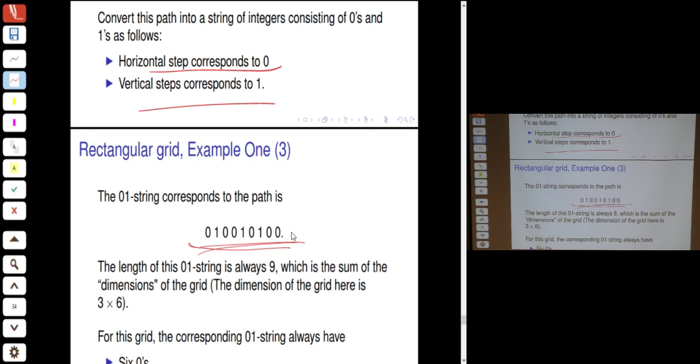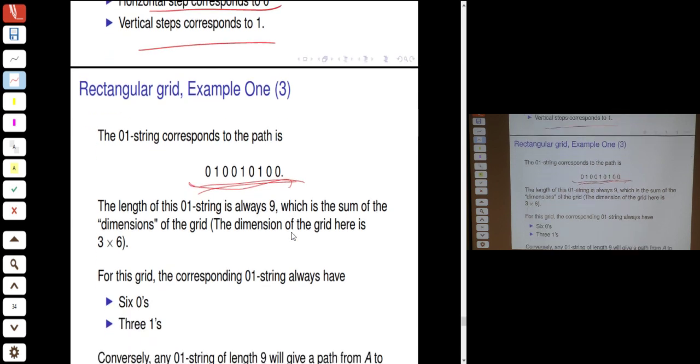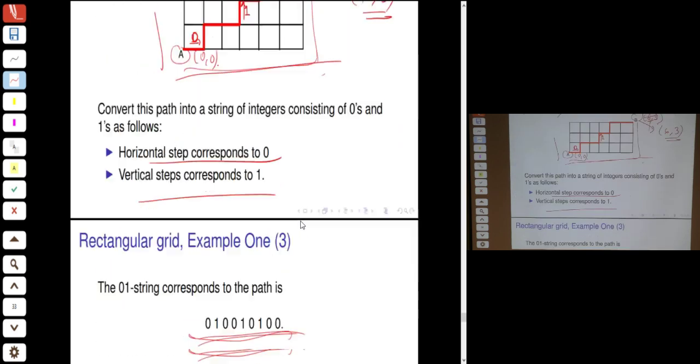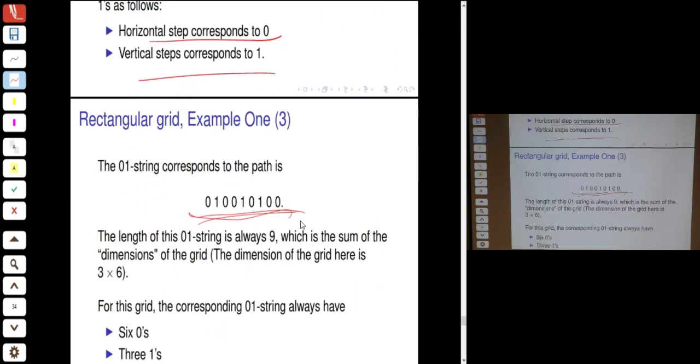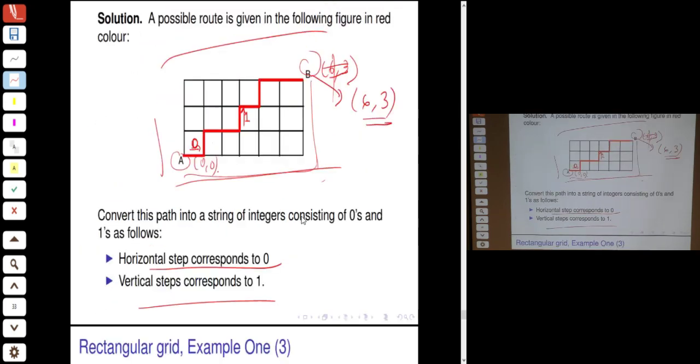So by representing your path as zeros and ones, you are asking the following question. You want to arrange zeros and ones, total 9 of them, so that you have exactly 6 steps to the right, which is 6 zeros, and 3 steps upwards, which is 3 ones.